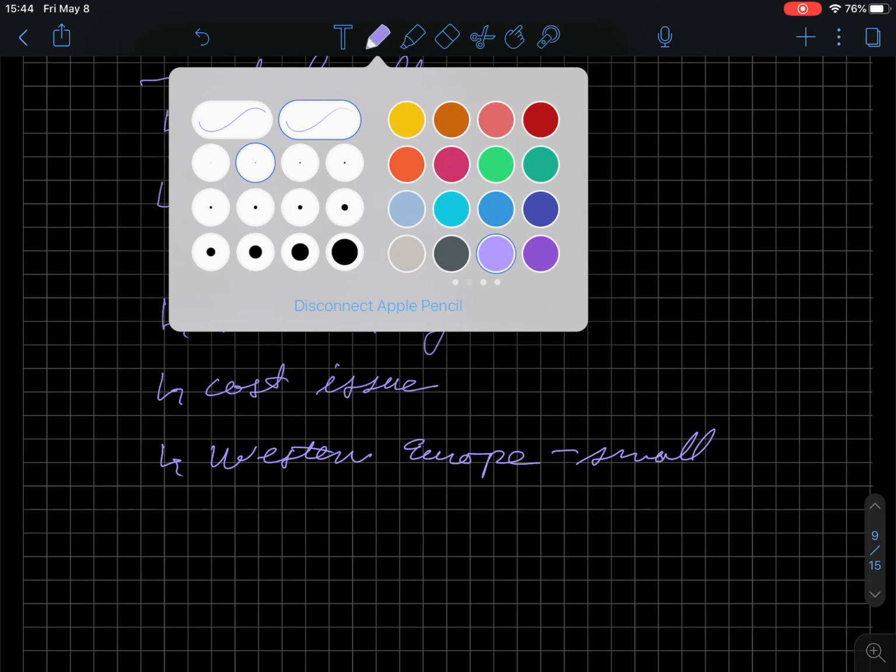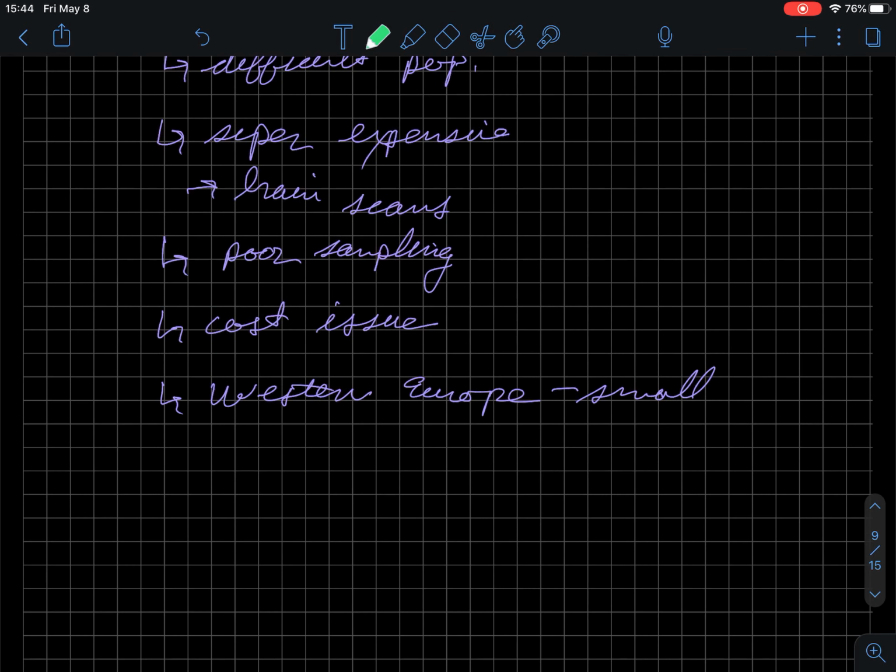And so one way that we do this is that in the past, everything was grounded on the normal distribution.